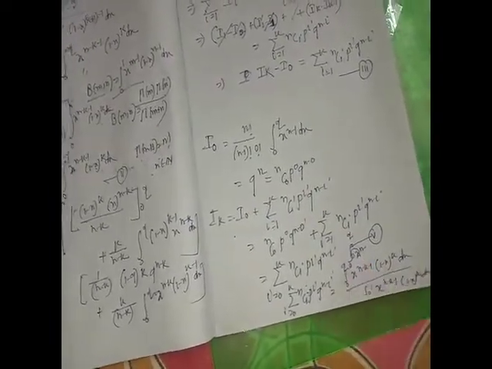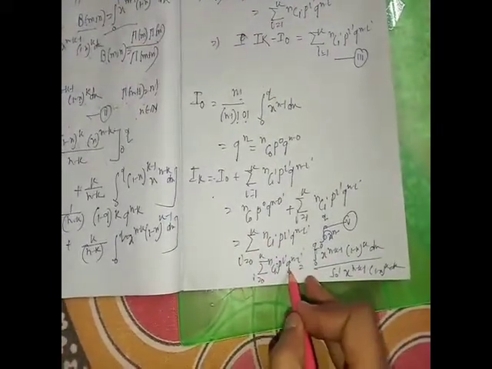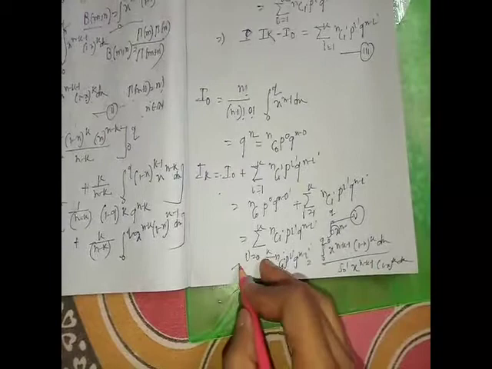So the probability of at most k successes is this, equal to this. This is the required result. So proved.